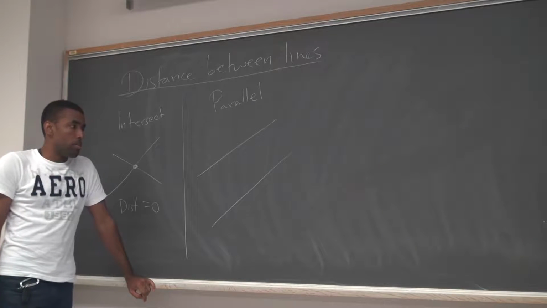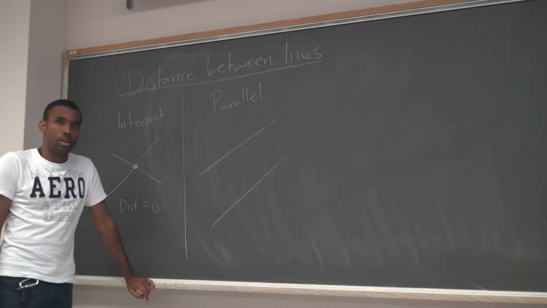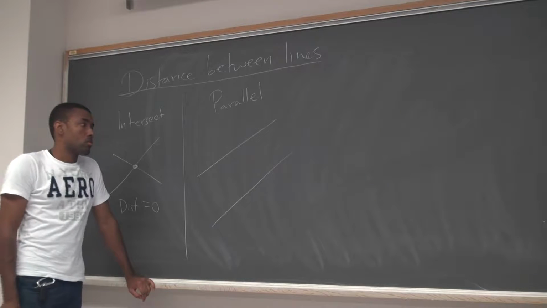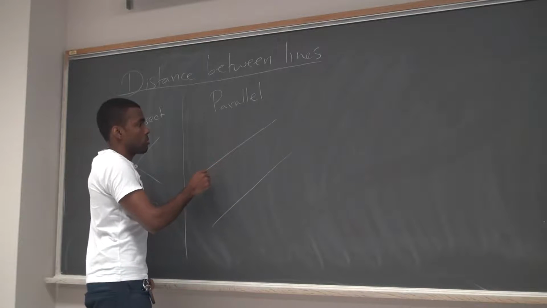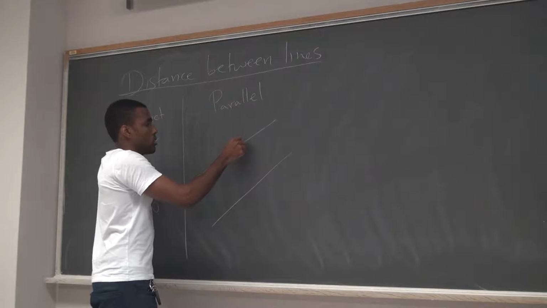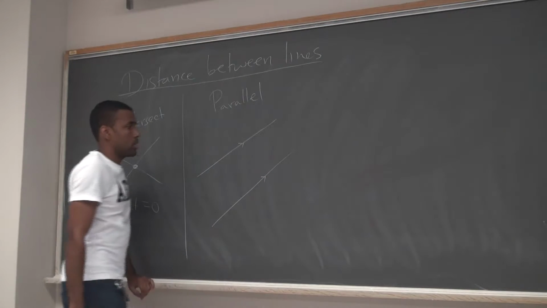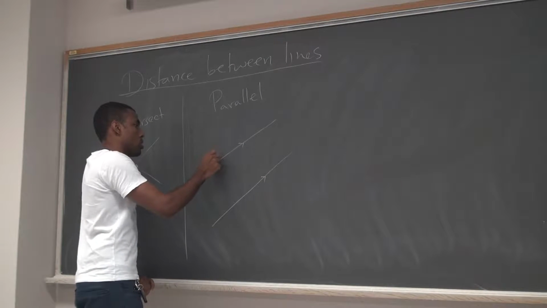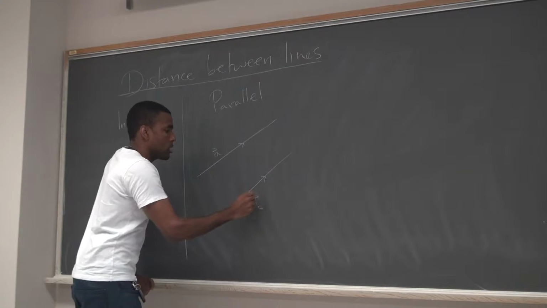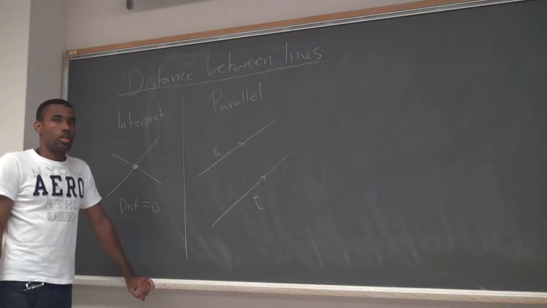Right, so what would that be? How would we go about that? Find the direction vector of both of the lines and then cross product them.